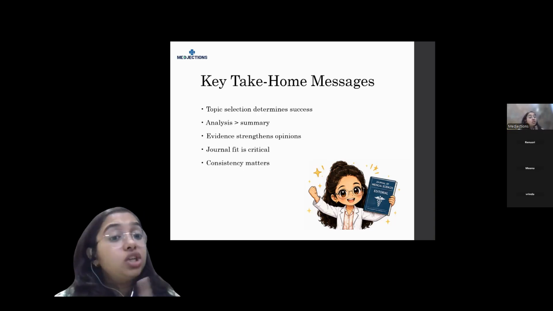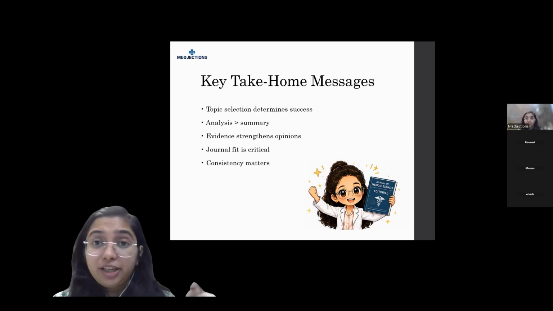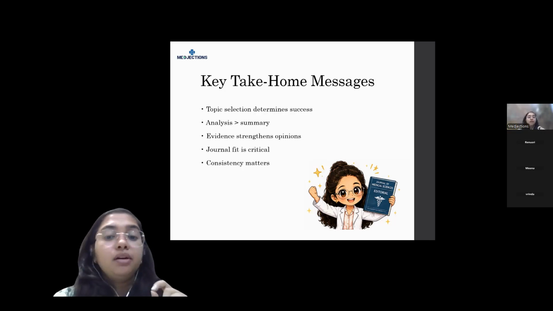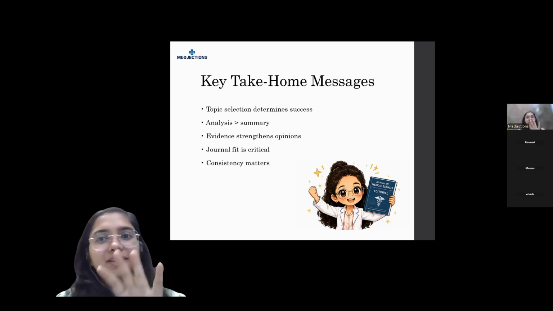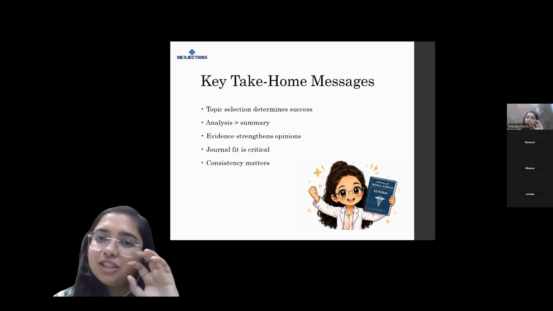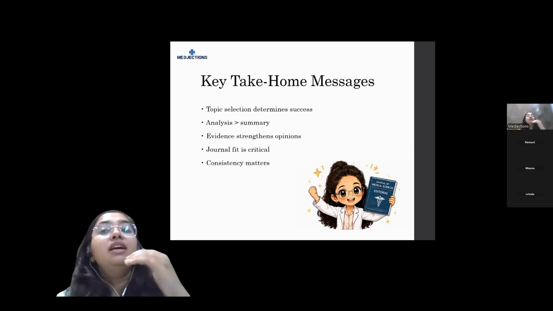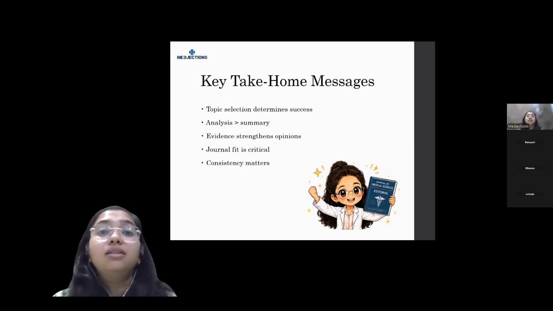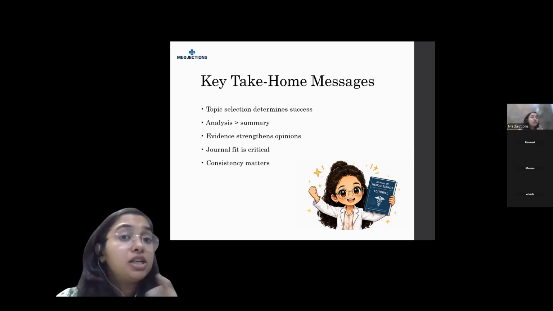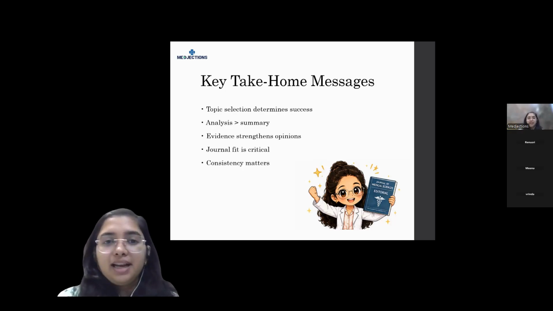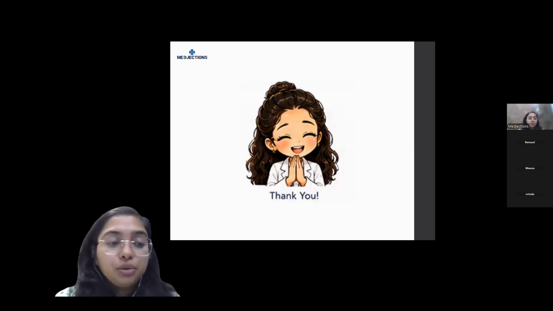Journal fit: which journal you opt for your manuscript. And consistency, because if we decide on 5 days, then we have to finish it in 5 days. Otherwise, you are at the back in the competition, especially in editorials. And that's it.